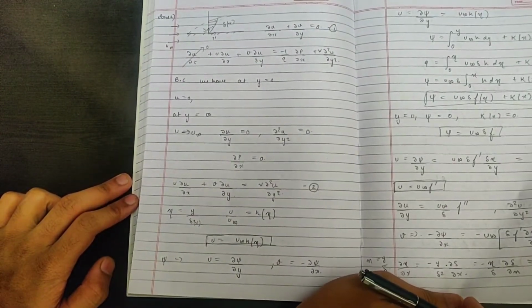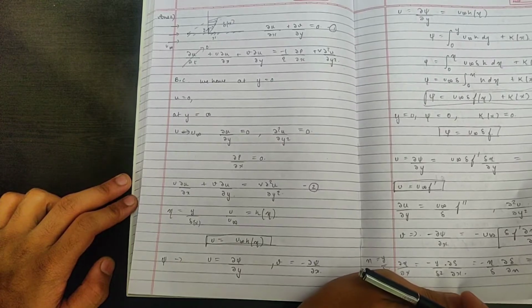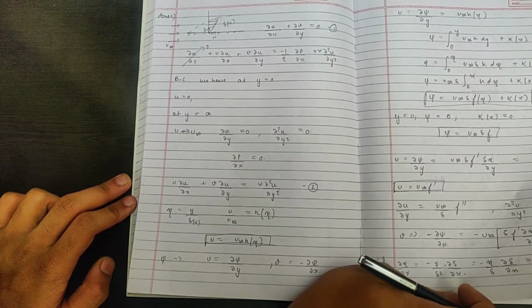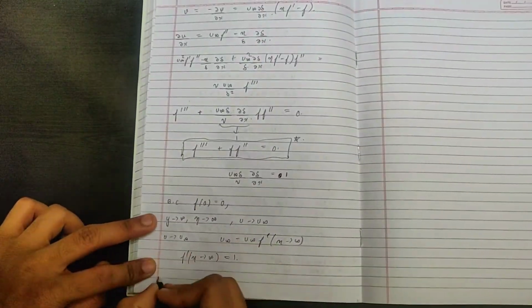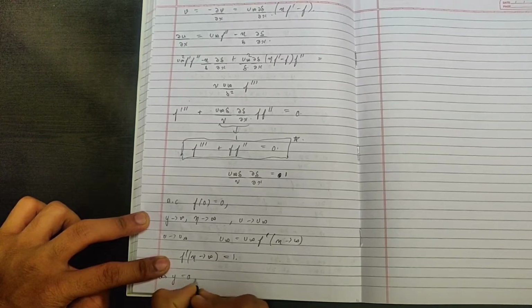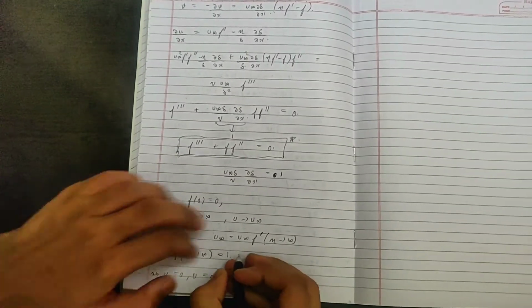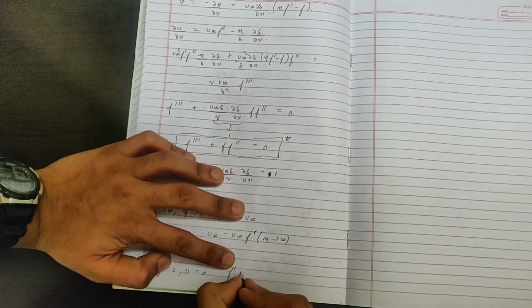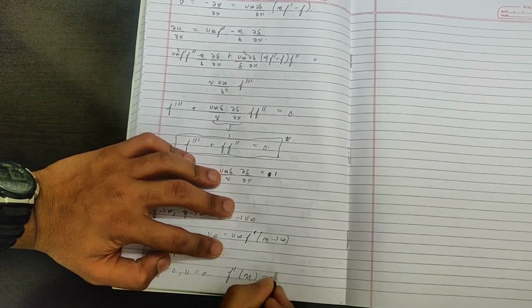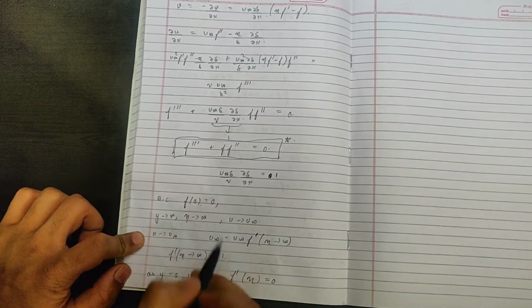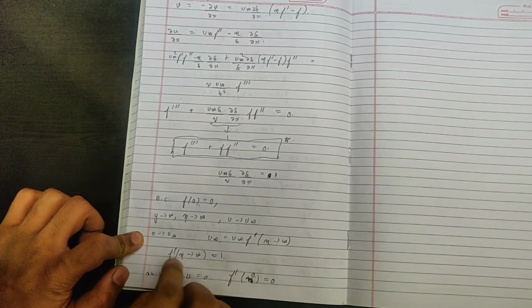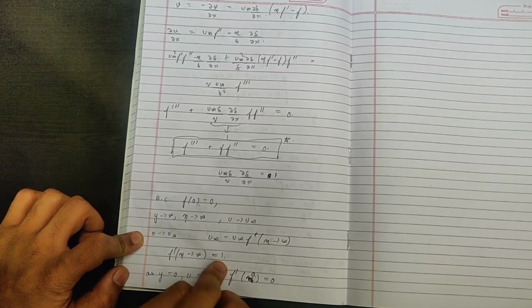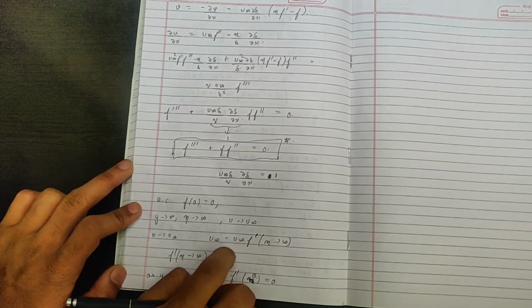What we can do is, as y tends to 0, we have u equal to 0, which will give us f'(0) equal to 0. So f of 0 equal to 0, f' of 0 equal to 0, and f' as η tends to infinity equal to 1 are the three boundary conditions which we would be using.